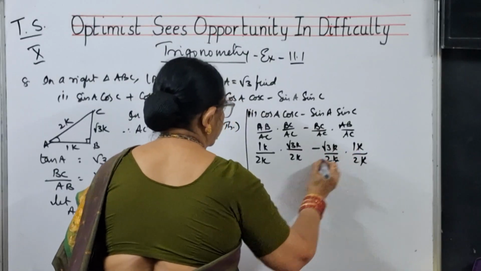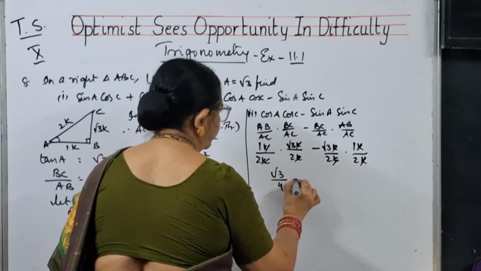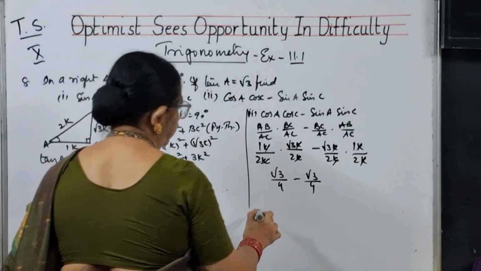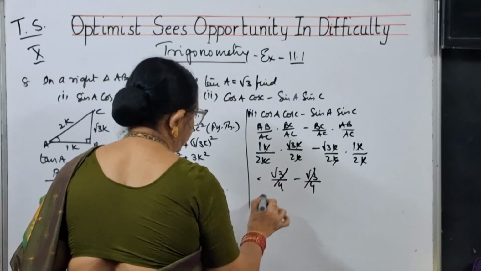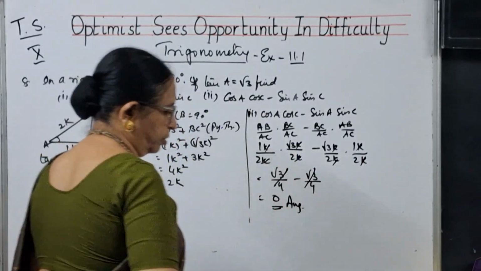The k's will get cancelled. So you are getting root 3 by 4 minus root 3 by 4. Plus and minus will get cancelled. 0 is the answer for this problem, children.